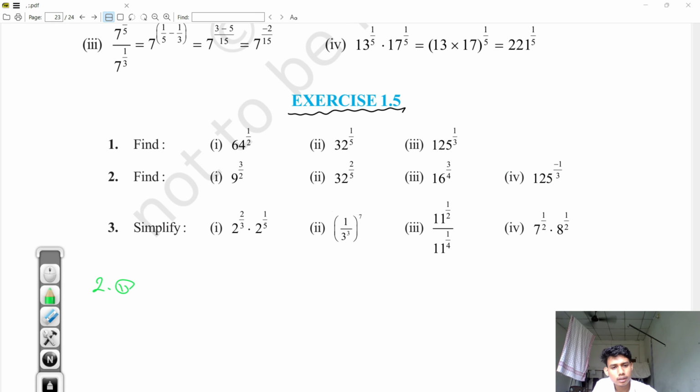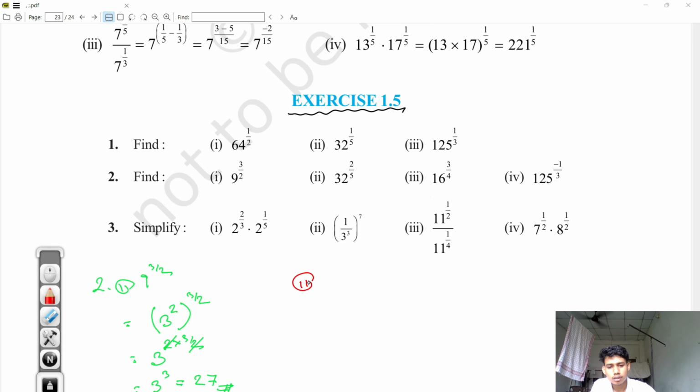Number 1, 9 to the power 3 by 2. इसे हम लोग लिख सकते हैं 3 squared whole to the power 3 by 2, because 3 square is equals to 9. Now we'll multiply and we'll get 2 into 3 by 2. The 2 in the numerator and denominator will cancel each other and the remaining will be 3 cube, which is equals to 27.